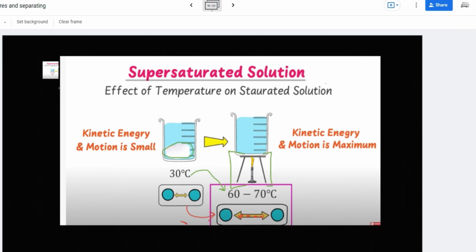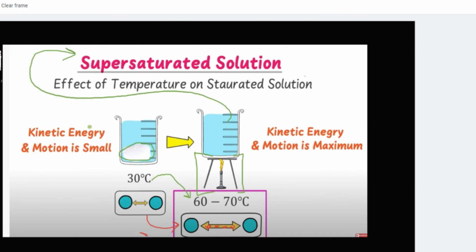When I increase the temperature of a saturated solution and the sugar gets dissolved, now the name of the solution will be supersaturated. Supersaturated means that this solution has dissolved more than its capacity. And how does that happen? That is the effect of temperature.